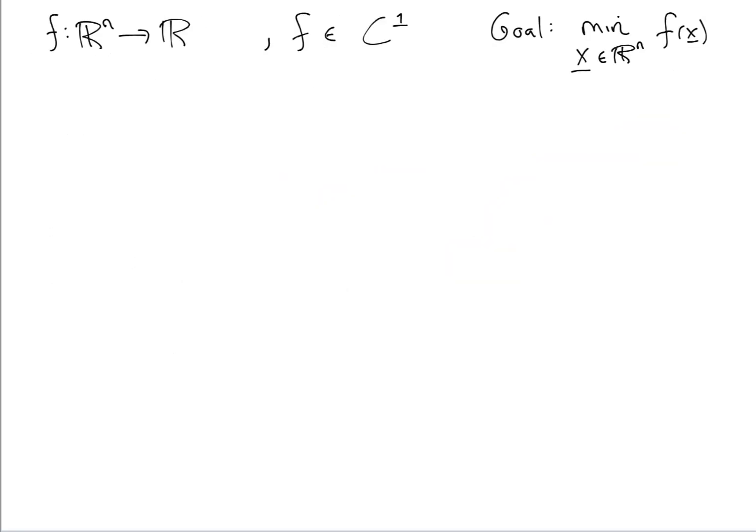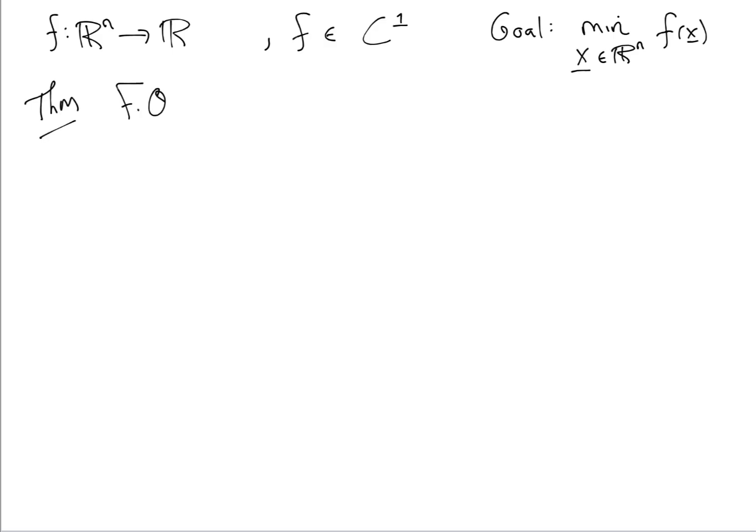Let's now think about the vector calculus version of the first order necessary conditions. So we're in our framework where f is a function going from Rn to R1. It's C1, so all of its first order partials are continuous. And our goal is to minimize this function. And for right now, we're just concerning ourselves with finding any minimizer, any local minimizer.